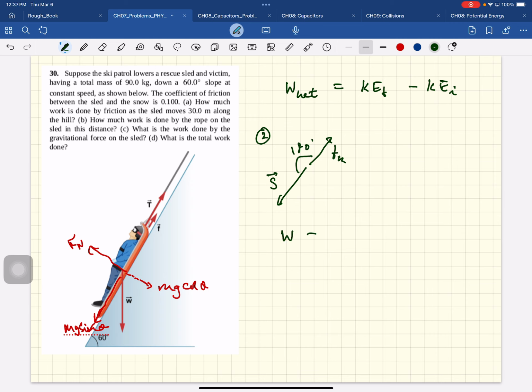So the work done by any force is Fs cosine theta. You've seen that. So this is the friction force times 30 meters. And what is the friction force? I'm going to actually write this.